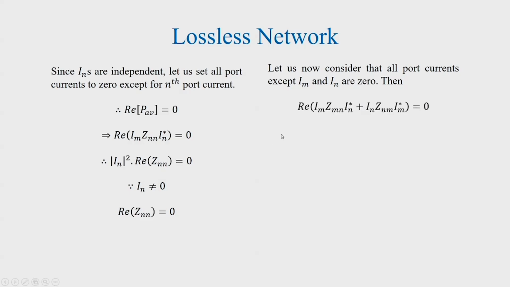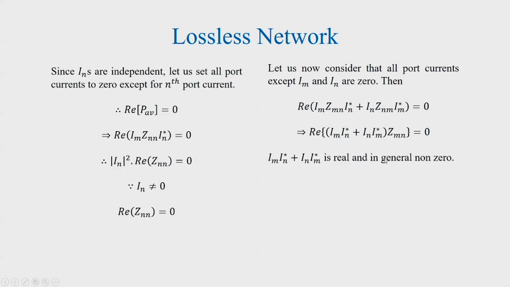Then in the same manner, we can write I m Z m n I n conjugate plus I n Z n m I m conjugate, the real part of which is equal to 0. Now, this can be written as the real part of I m I n conjugate plus I n I m conjugate, times Z m n, is equal to 0.